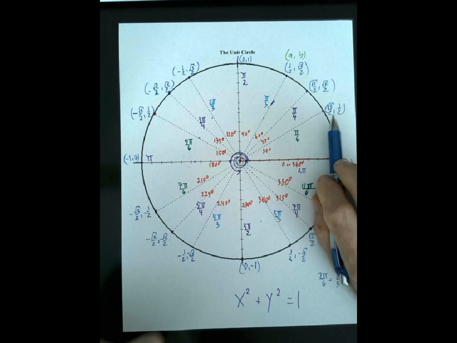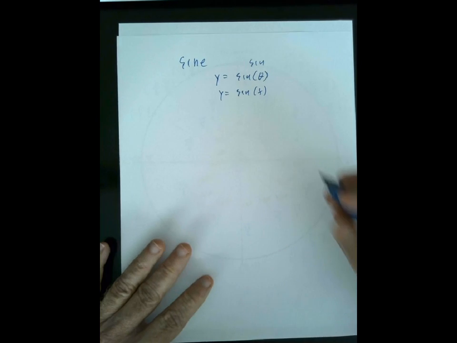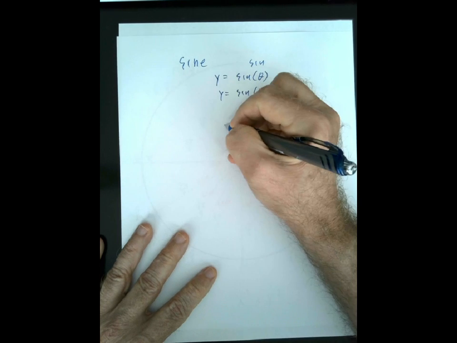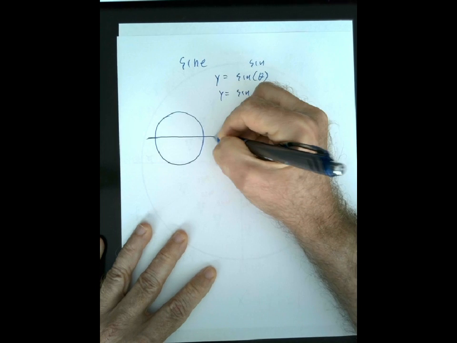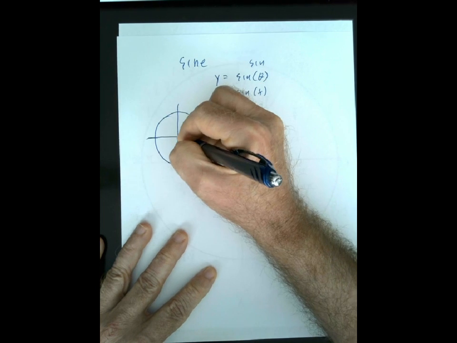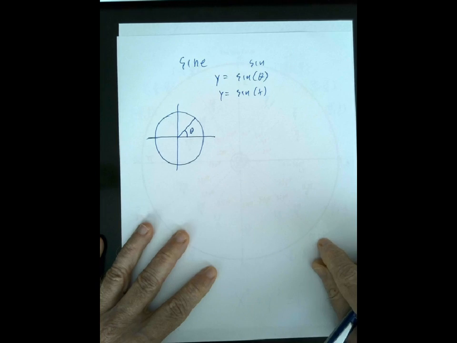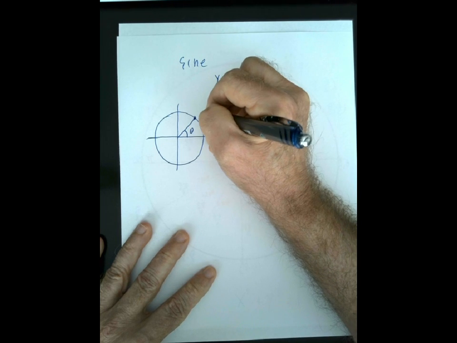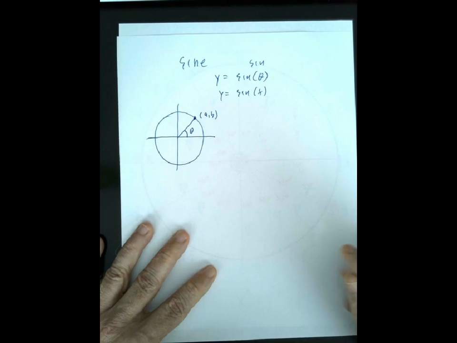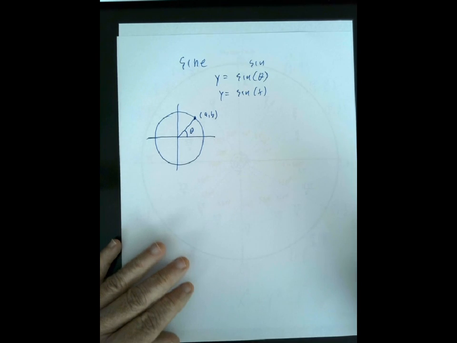So here is the definition of sine and cosine. If you've got the unit circle, here's the picture. And we've got some angle theta, or x, and that angle theta is going to be associated with A comma B, the coordinates on the unit circle.